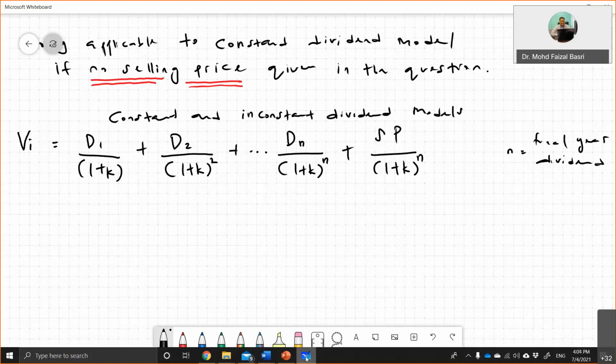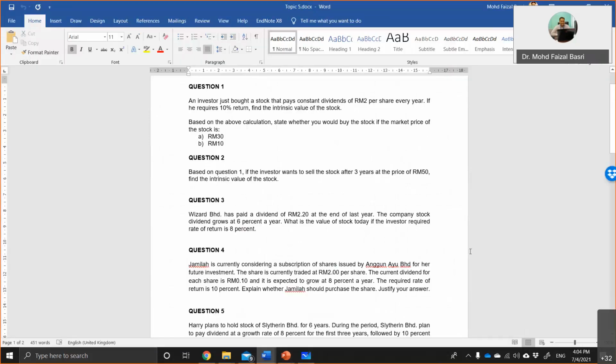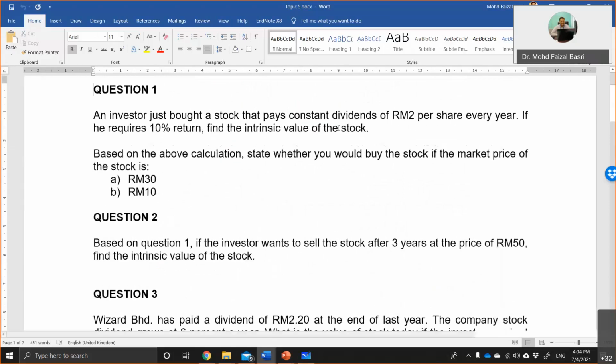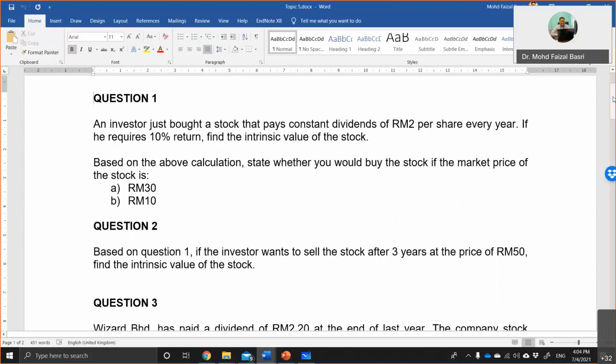So let's look at some questions here. I shared with you the topic number 5 questions in my guru. For the first question, if you read it carefully, it says an investor just bought a stock that pays constant dividend.